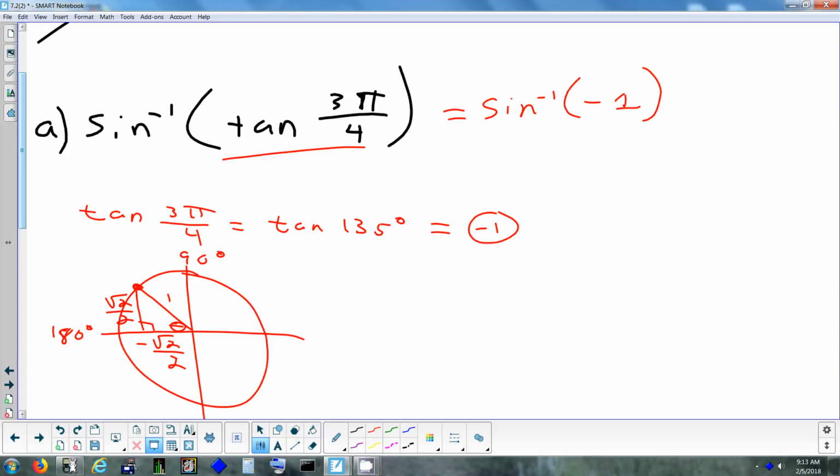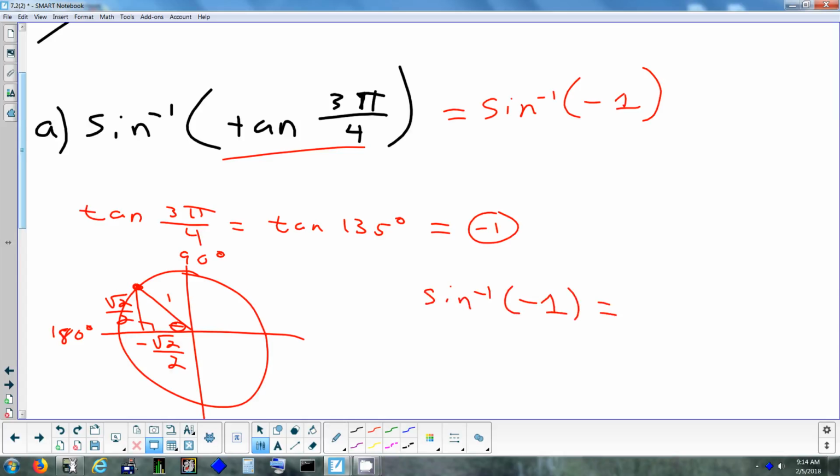Now, there's a couple ways you can think about this part. If you like inverse trig and you want to think of it that way, that's fine. Or if inverse trig confuses you and you'd rather think of it in terms of regular trig, we can do that too. So down here, I'm going to put inverse sine of negative 1 equals, and what did I say earlier?